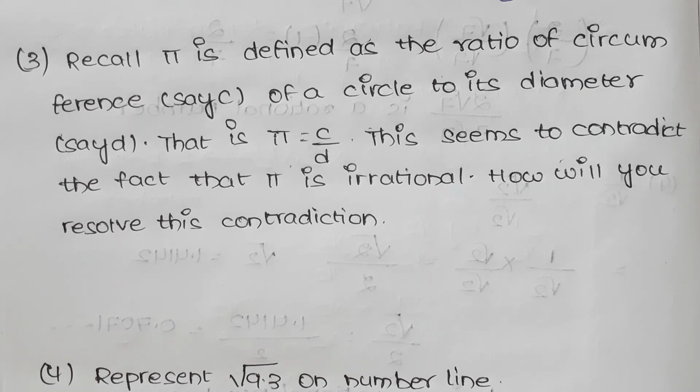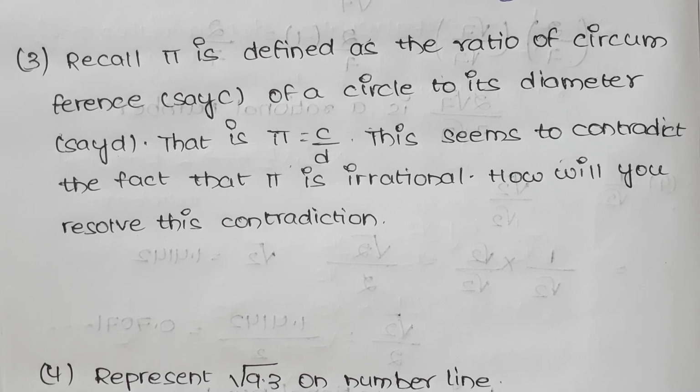Let us see the solution. Here in this question there is no contradiction, because when we measure a value with a scale, we only obtain an approximate value, but we never obtain an exact value.